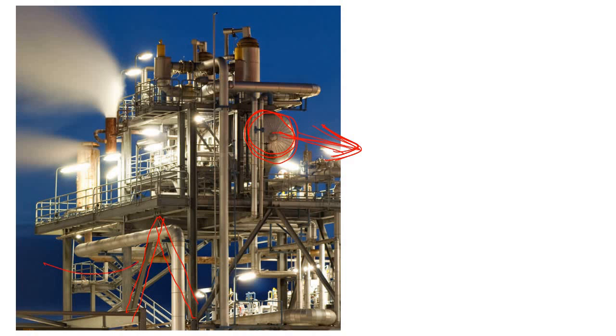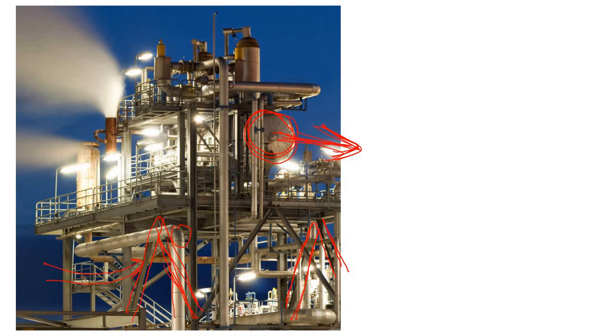This bracing is clearly visible, but here, due to this large diameter pipe, it is not visible. But there is also bracing here, and also on that side you can locate the bracing. This is one bracing member, and this is another bracing member. So these bracing members have been put due to this lateral load only.